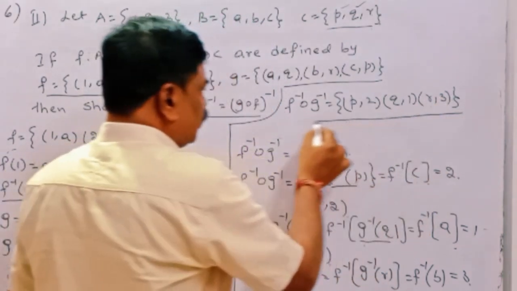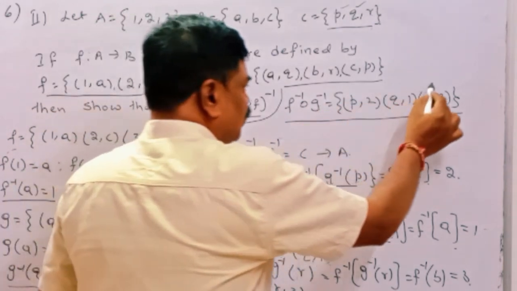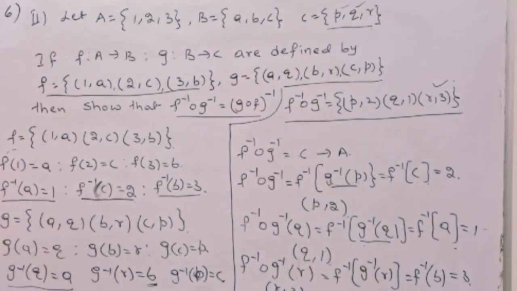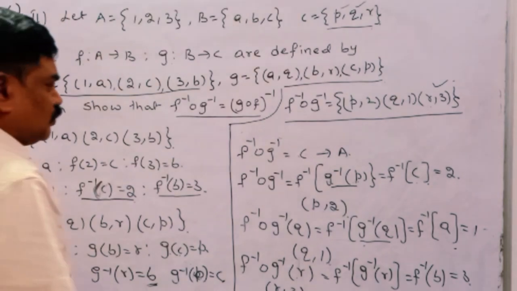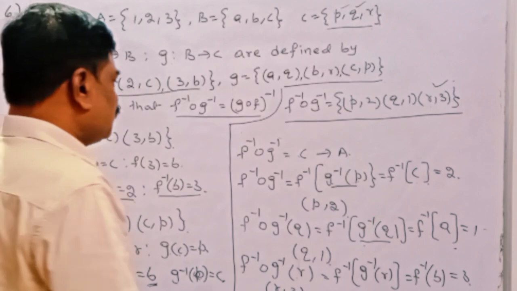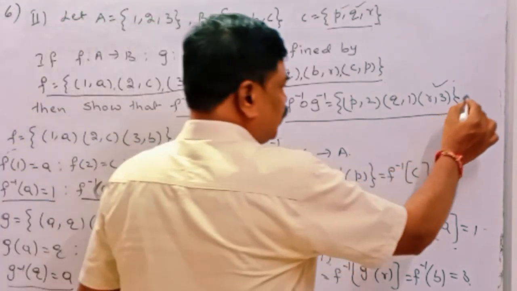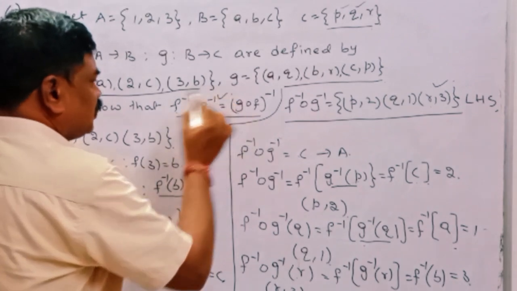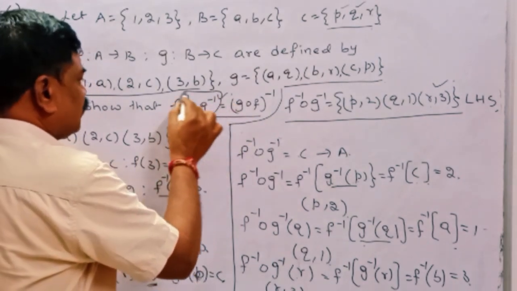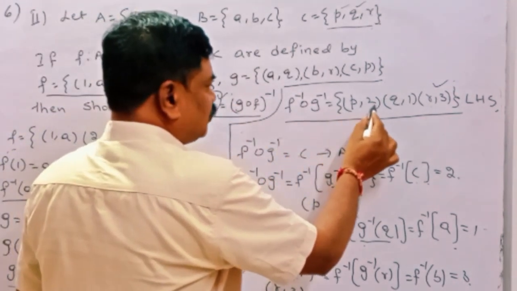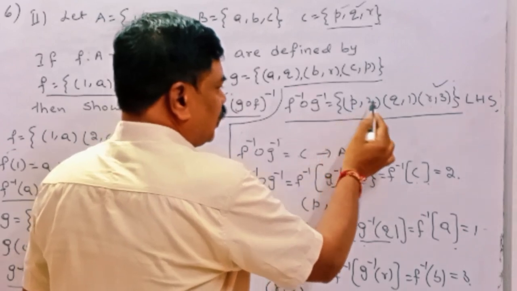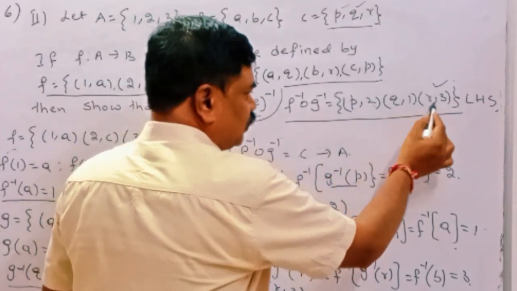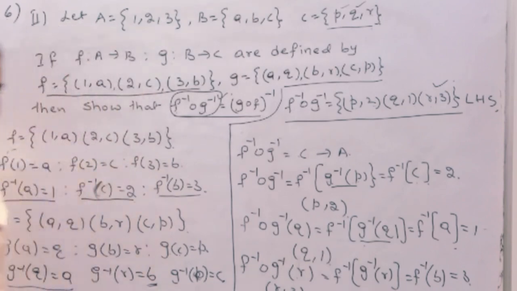This is F inverse circle G inverse. So this is the LHS of the problem.